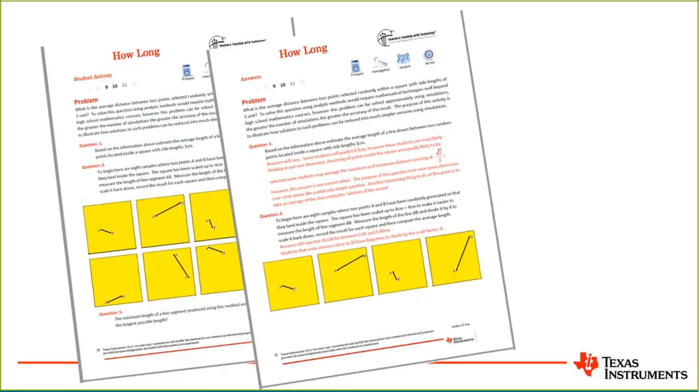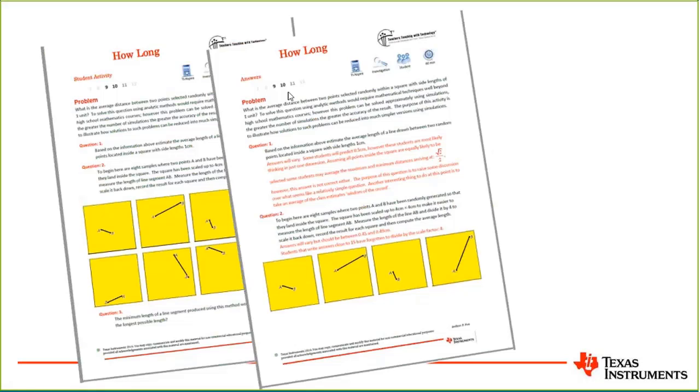And looking at this one here called How Long, notice this one's targeted at year 9 and 10, and it's using things like the distance formula, and it's got a little bit of investigative flavour to it.